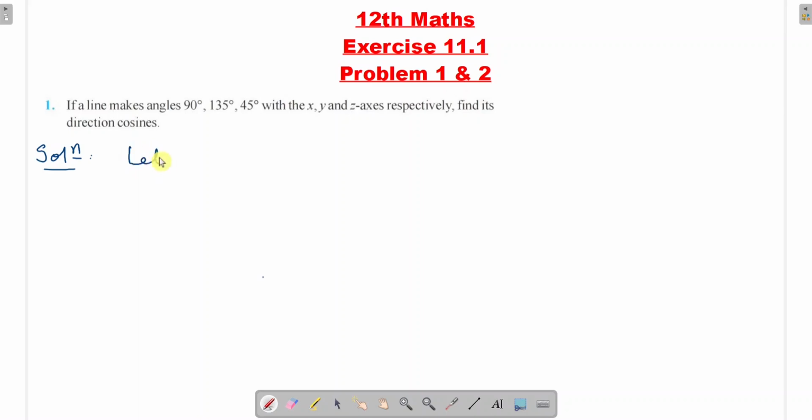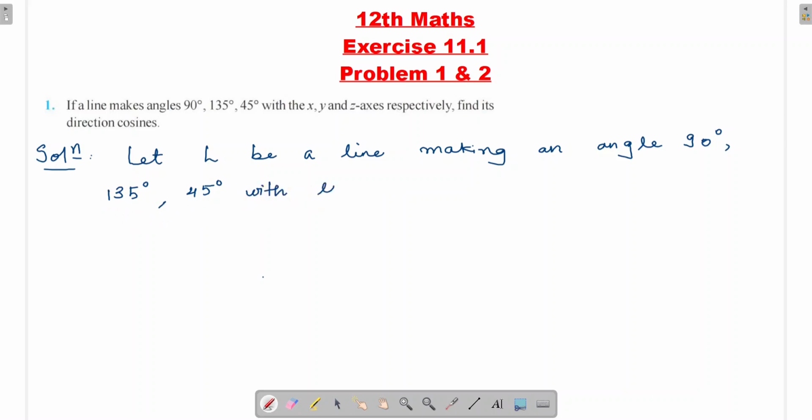So let L be a line making an angle 90 degree, 135 degree, 45 degree with the axis x, y and z axis respectively.